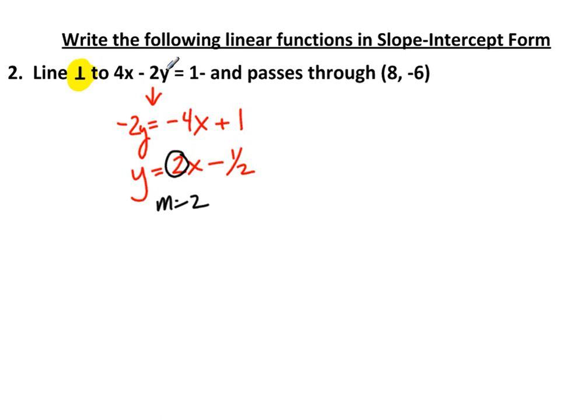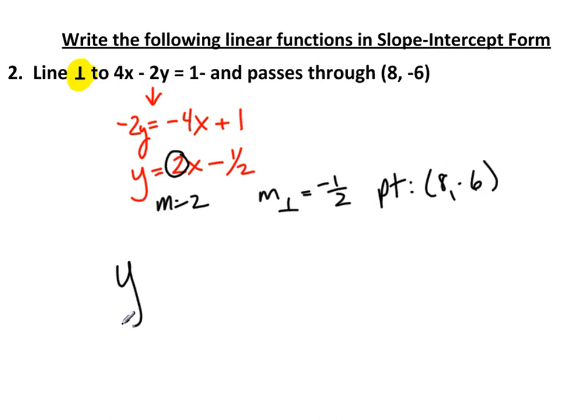But I want the line perpendicular. Perpendicular lines don't have the same slope. I know that the slope of my perpendicular line should be the opposite reciprocal, so negative 1 half. And I know the point it goes through is 8, negative 6. So I'm going to do like what I did before. I'm going to do y minus y1 equals my perpendicular slope times the quantity x minus x1, and I'm going to solve for y.